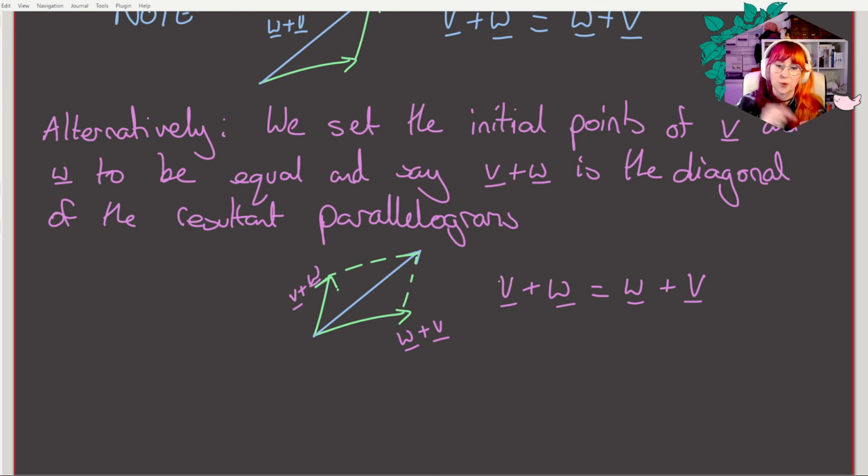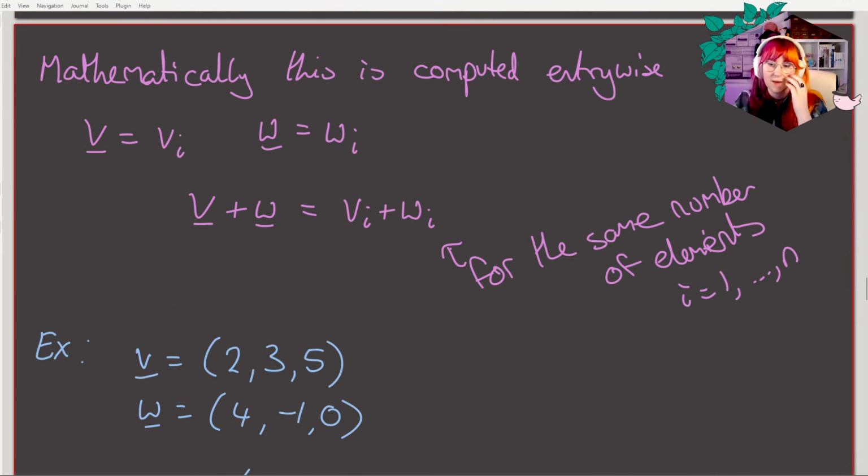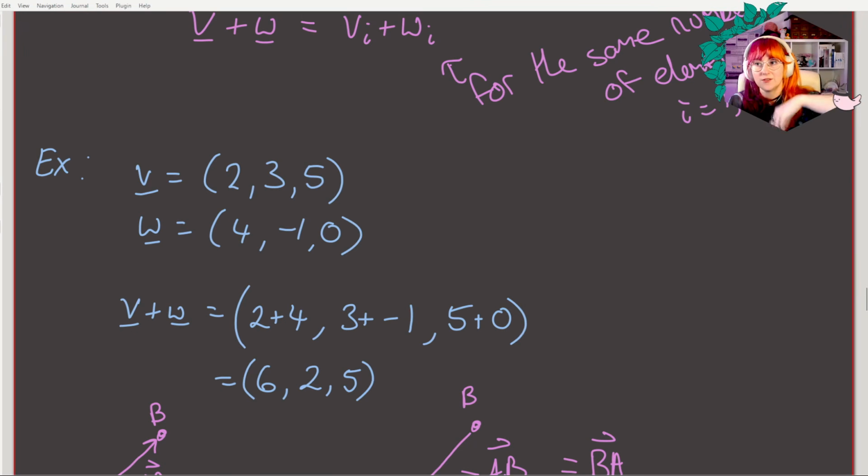But again, you go along v and then you go across w, and that will get you v plus w. Mathematically, this is done element-wise, so you take the first number in V and the first number in W and you add them together, same with the second, same with the third. And this is what showed us that we need vectors of the same length.